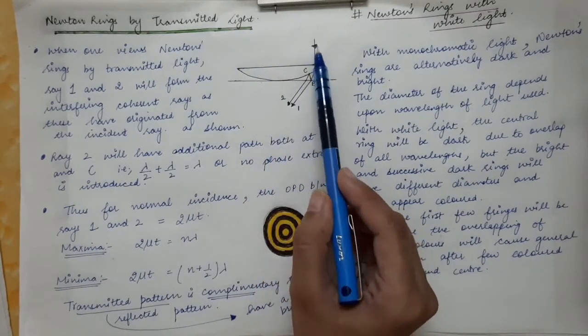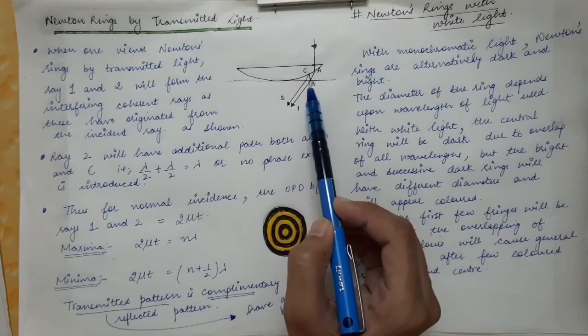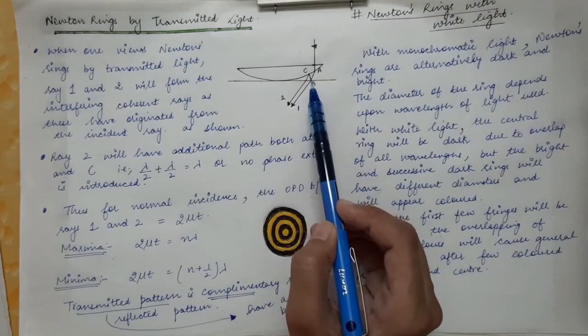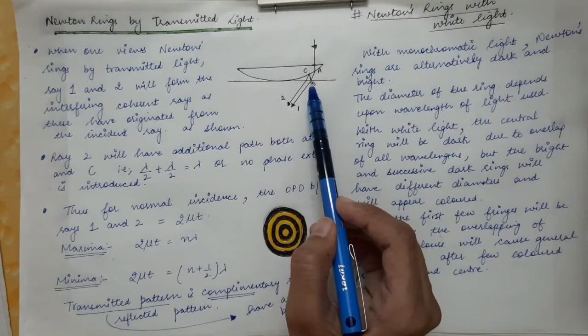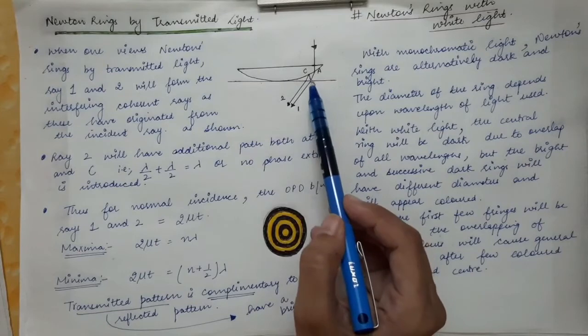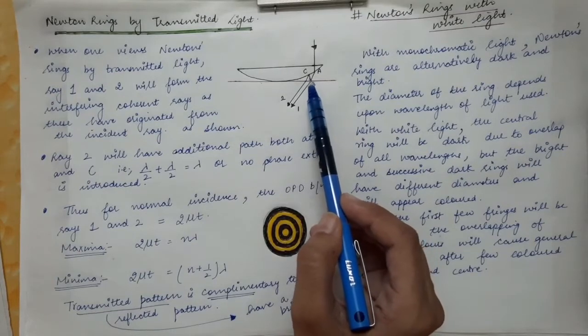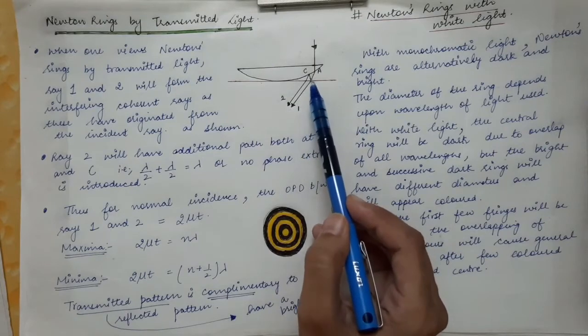So a portion of the light will get reflected and some of the light will get transmitted. When it reaches point B, there will be partial reflection and partial transmission, and this is the first transmitted light.